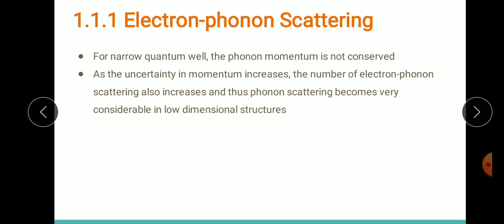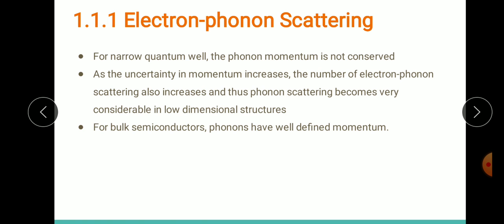But in the case of bulk semiconductors, the phonons have well-defined momentum. We don't have an uncertainty in momentum for bulk semiconductors. So this is one important difference, right? In the case of nanostructures, the momentum of phonons is not very certain. You can't be certain about it, and because of which the electron-phonon scattering is very high.